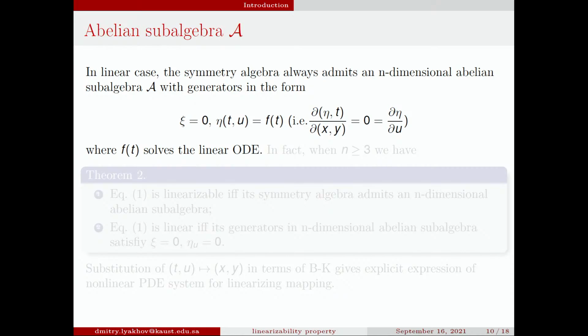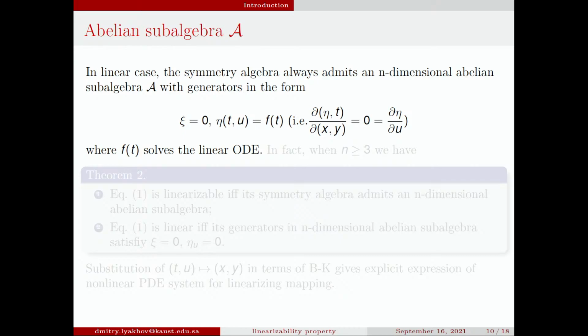If we observe the algebra structure for the linear ODE, we find that in the linear case, the symmetry algebra always admits an n-dimensional abelian subalgebra, which we call A, generated by generators xi and eta satisfying this condition. The first coordinate must be 0, and the second one is a function of t, which means eta is functionally dependent on t.